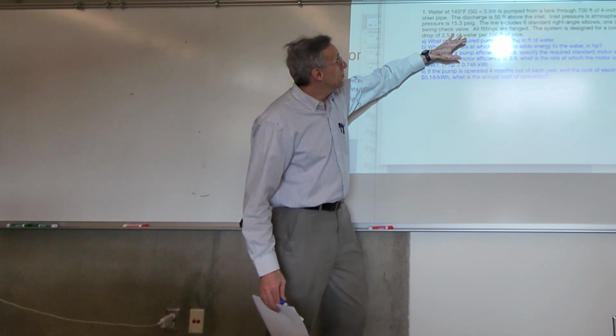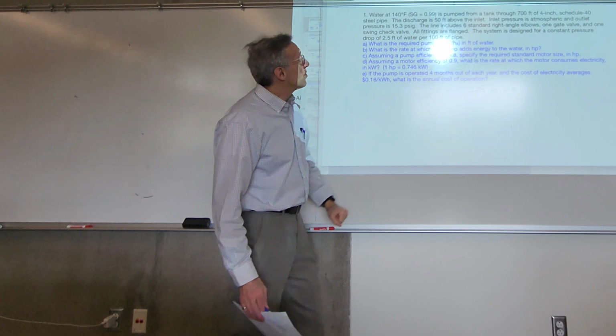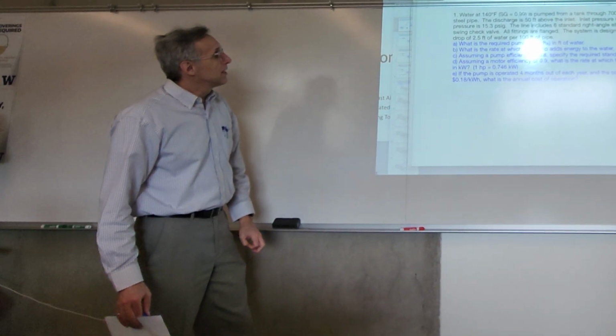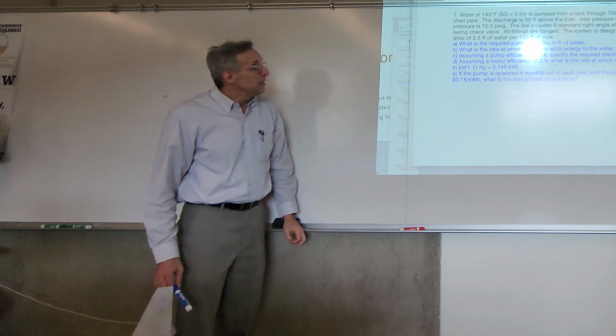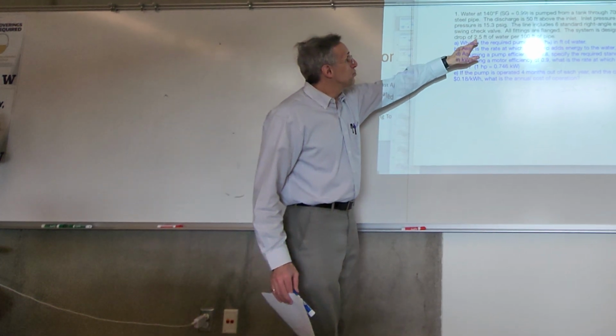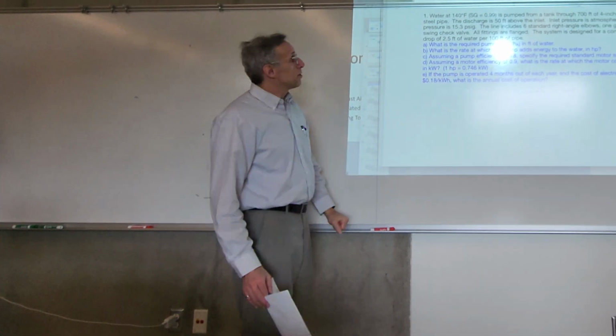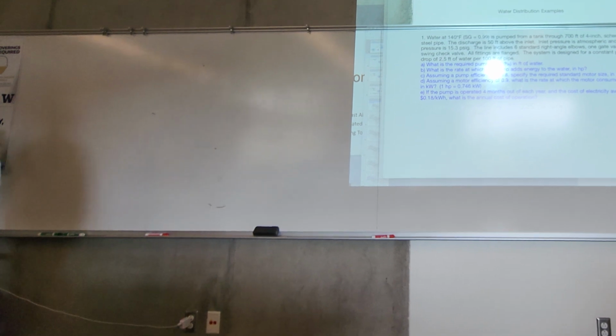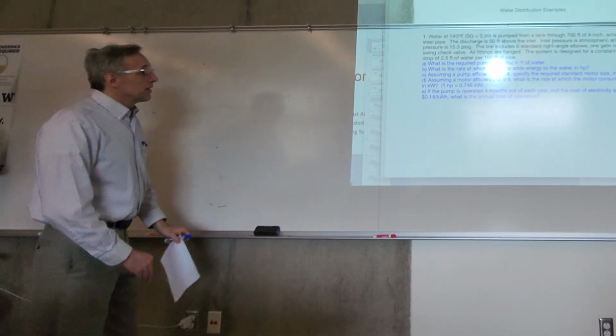The line has 6 standard right angle elbows, 1 gate valve, and 1 swing check valve, flanged pipe. The system is designed for a constant pressure drop of 2.5 feet of water per 100 feet, in line with the ASHRAE standards for energy efficient pumping.